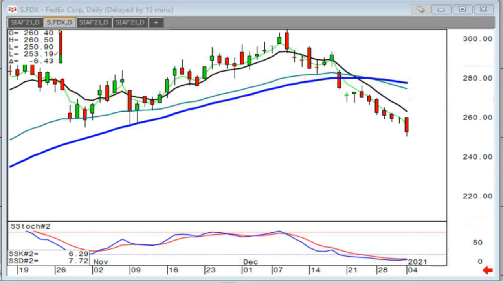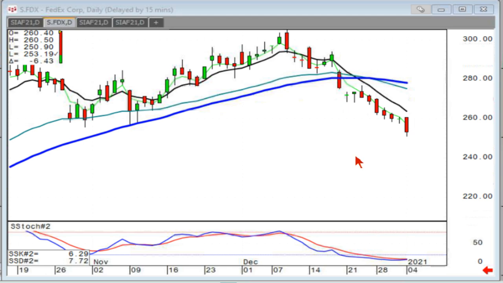FedEx stochastic is 491. Okay, but all it's telling you is that it's oversold based upon stochastics, but you don't have a buy signal. So just because it's oversold doesn't mean it's time to cover.